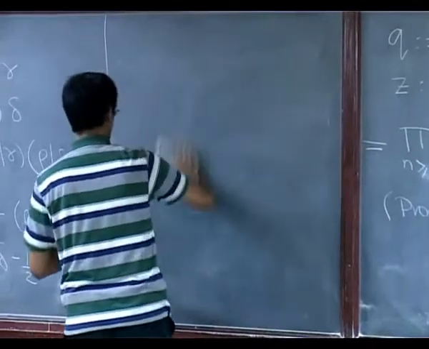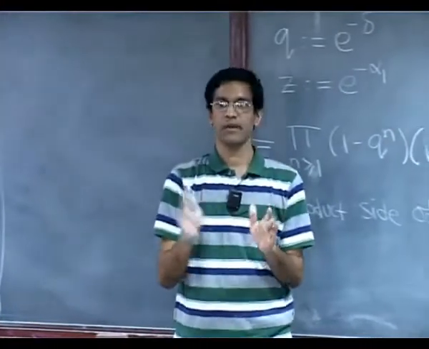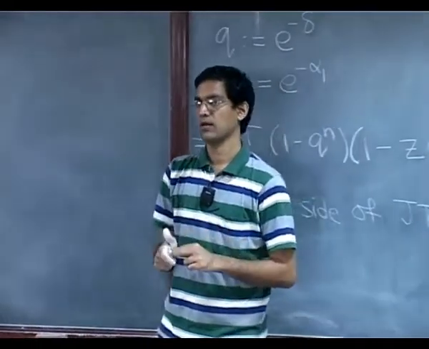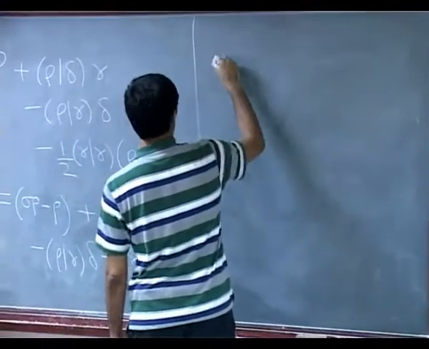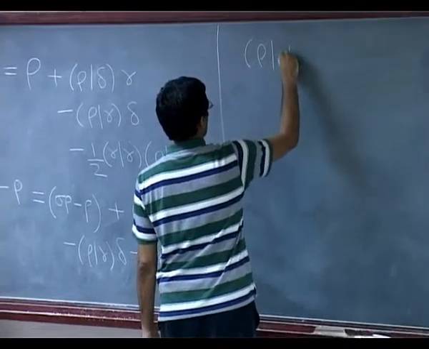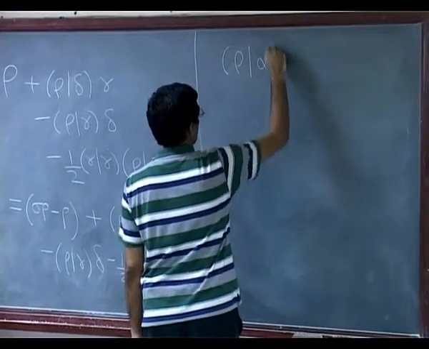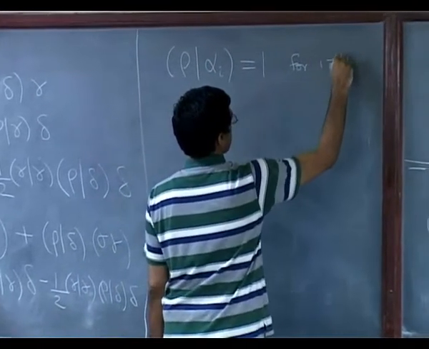Again, what's rho here? As we said before, we don't really care. It's some element whose inner product with alpha i check is 1 for all the alpha i checks. So now observe, what is rho? Think of it as follows: rho alpha i is 1 for i equals 0 and 1.